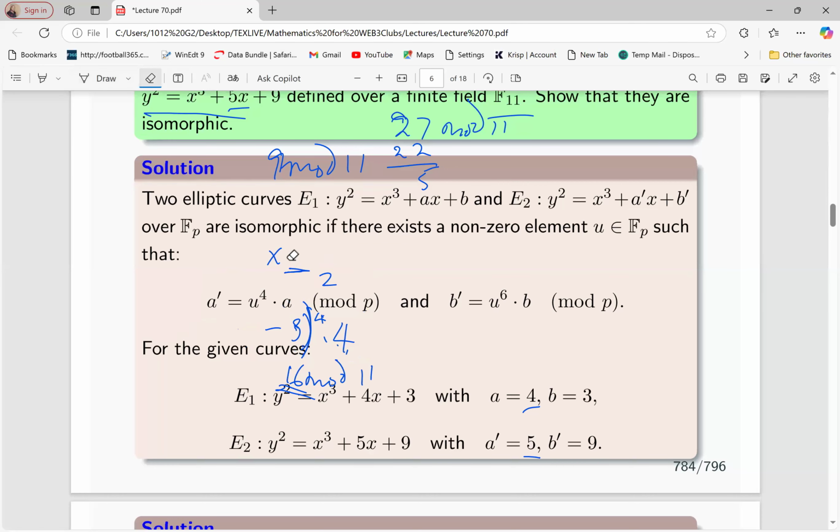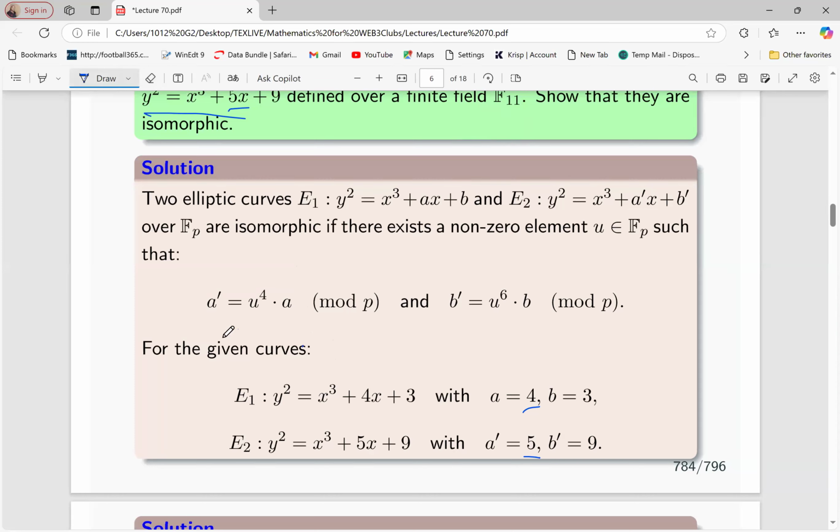But of course, how do you get 3? You're trying all values of u, 0, 1, 2, up to 10. You're trying all those values up to 10 and seeing which ones would satisfy those conditions. You can also try and see whether this other one is satisfied.